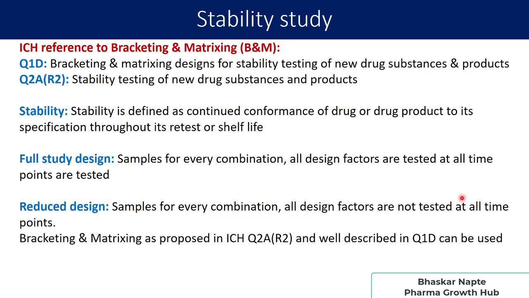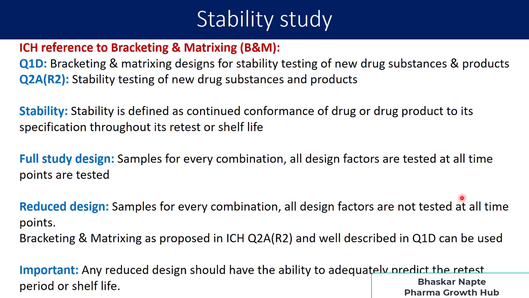This concept is well discussed in the ICH guideline Q1D. The important part is any reduced design should have the ability to adequately predict the retest period or the shelf life. And that is the meaningful justification you must have in case you are using either bracketing or matrixing design.